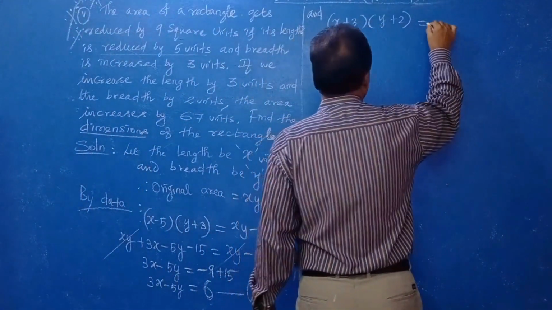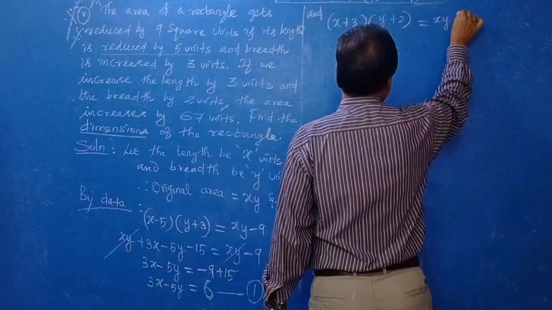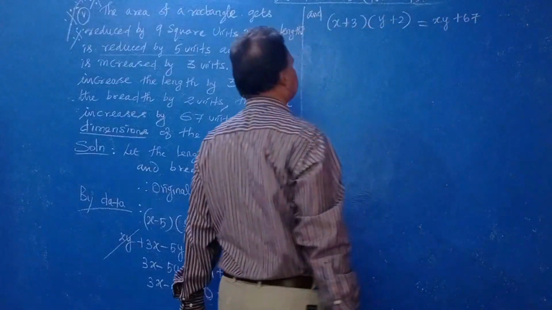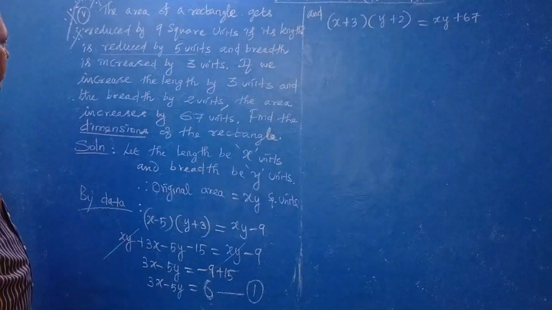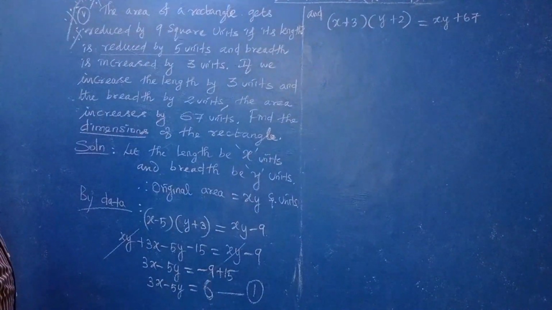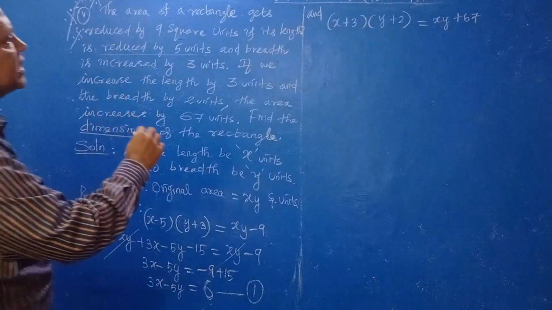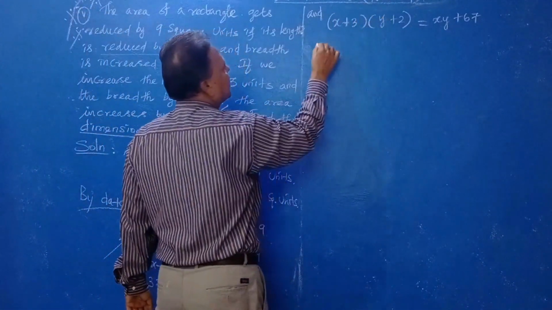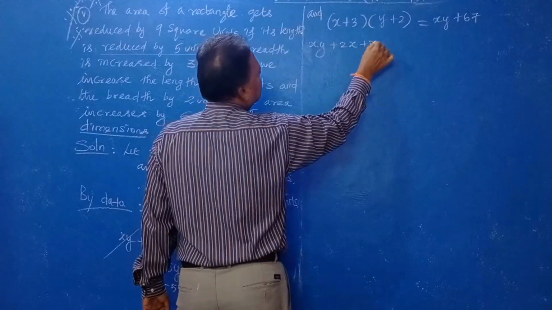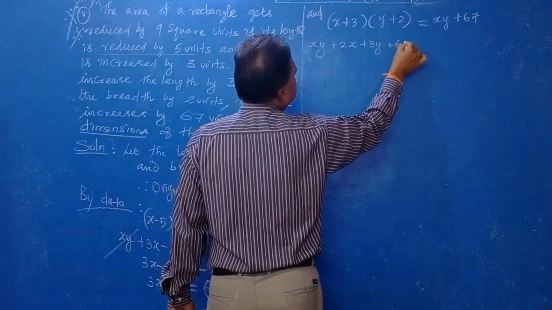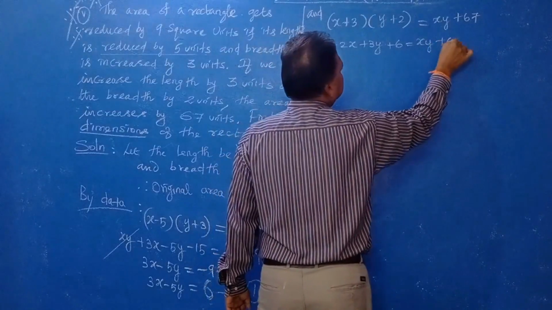That time the new area you are getting is the original area increased by 67 square units. Clear? xy plus 67. Okay. Therefore, now simplify this. x into y: xy plus 2x plus 3y plus 6 equal to xy plus 67.